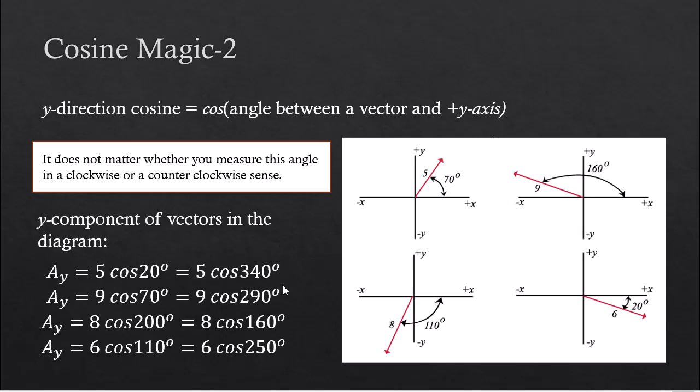You can convince yourself that the y components of all the remaining vectors are written in two forms, where we measure the angle either clockwise or counterclockwise. It does not make any difference.